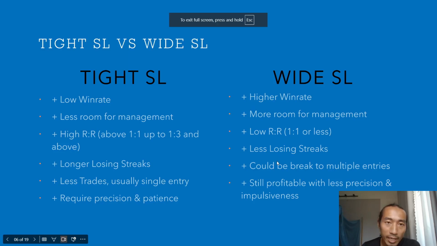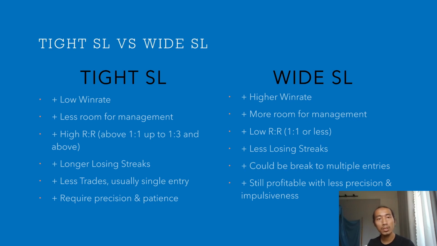So with the execution, now I want to talk about tight stop loss and big stop loss. That is just my personal perspective and experience. We as humans always have different perspectives, but this is more just a discussion. So a tight stop loss usually results in a lower win rate and less room for management, and I mean management to the downside, because with a tight stop loss your entry is usually just a single entry.